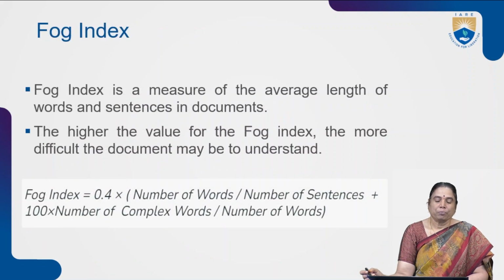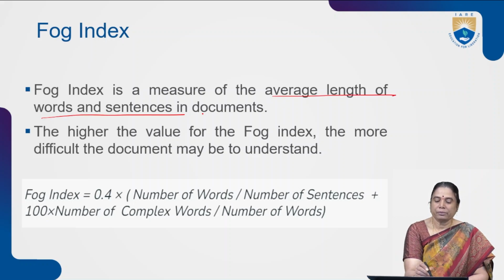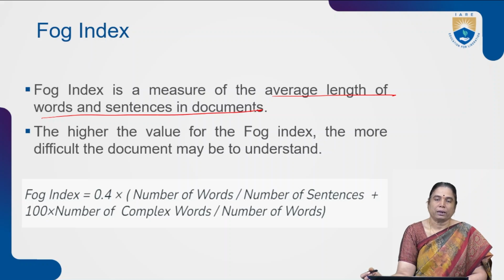Next product metric is the fog index. Fog index is a measure of the average length of the words and sentences in the document. Software is a collection of programs, data structures as well as documentation. Here the length of words and sentences in the document is measured with the fog index.